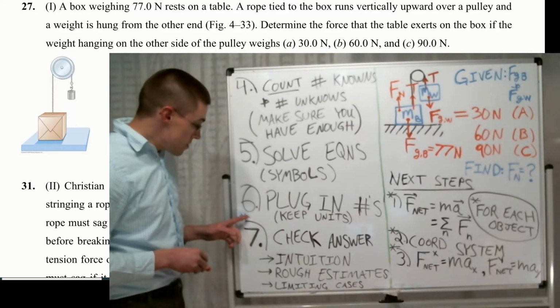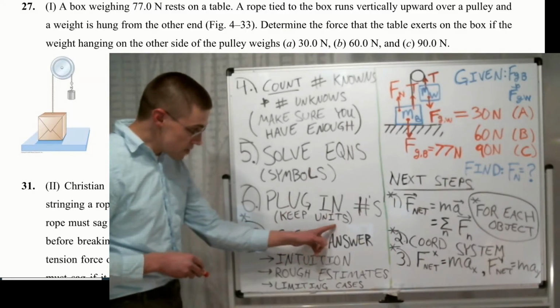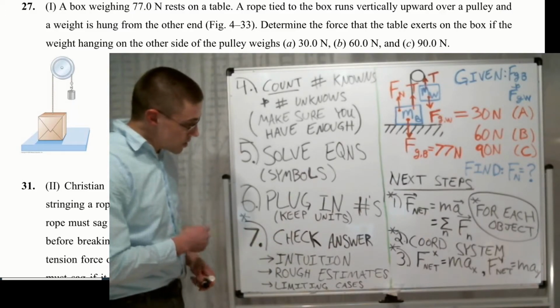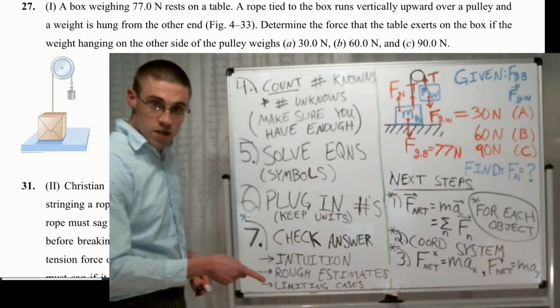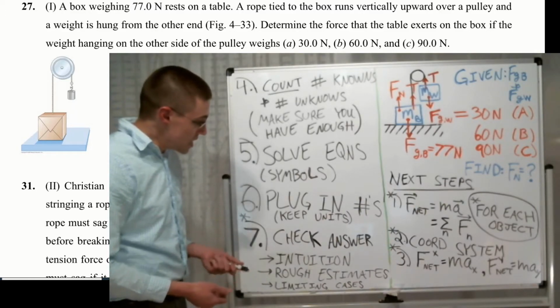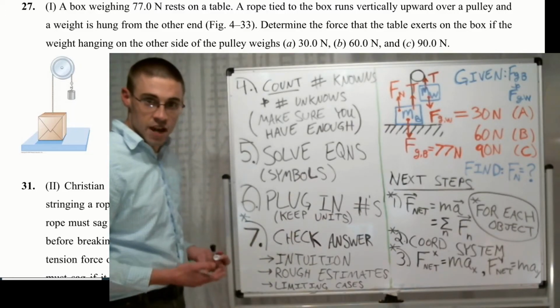Step 6, plug in the numbers and make sure to keep your units along with the numbers so that you'll know the units of the final quantity. Most of the time it's going to be in terms of SI units anyway, but keeping your units is a nice check to make sure that you didn't drop some factor or something.